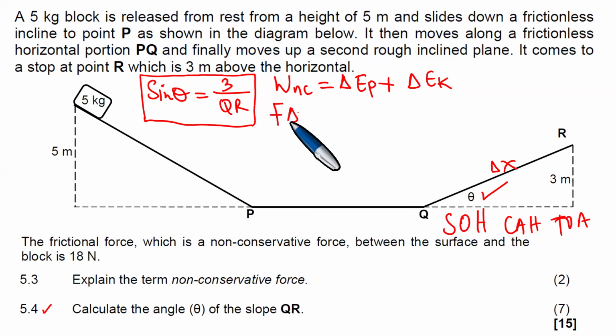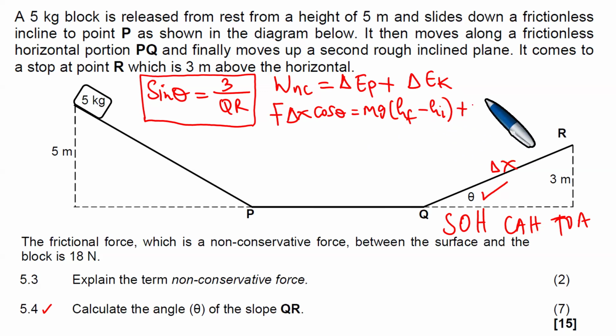And then we have delta X cosine theta, which is mg (H final minus H initial) plus half M (V final squared minus V initial squared).